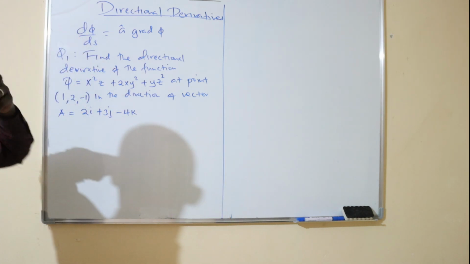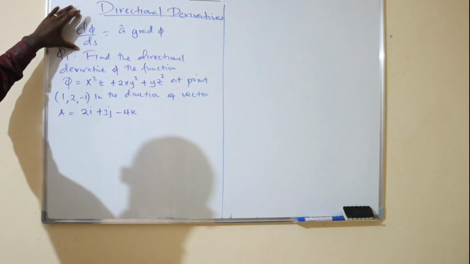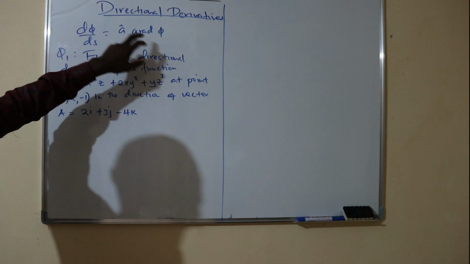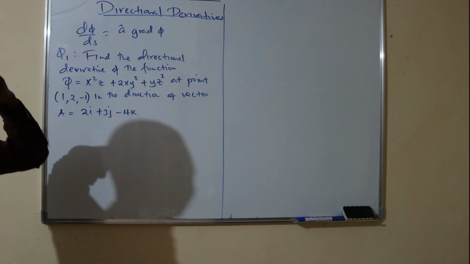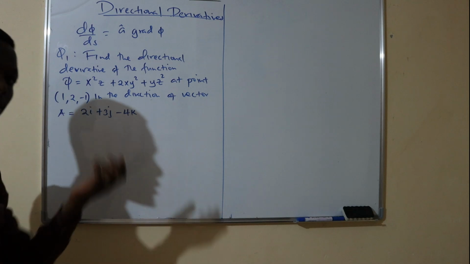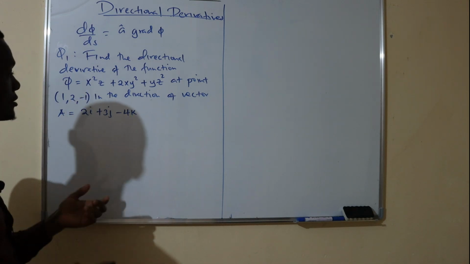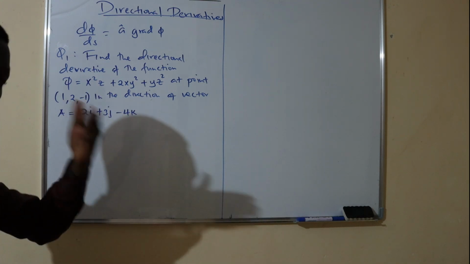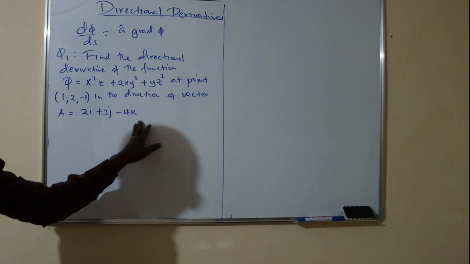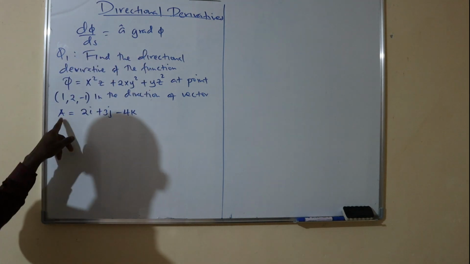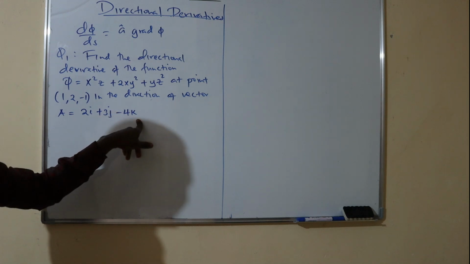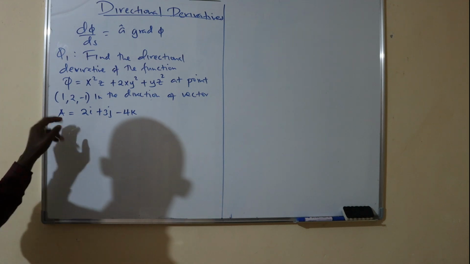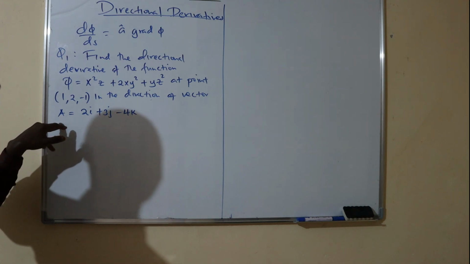By definition, the directional derivative in the direction of a particular vector is given by d phi ds, which is equal to a dot grad of phi, where the small a is defined by the vector A over the absolute value of that vector, which we can call the magnitude of A.